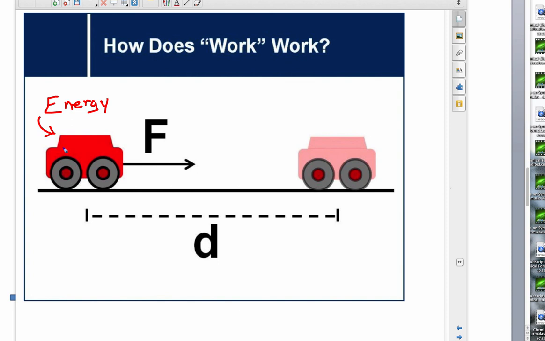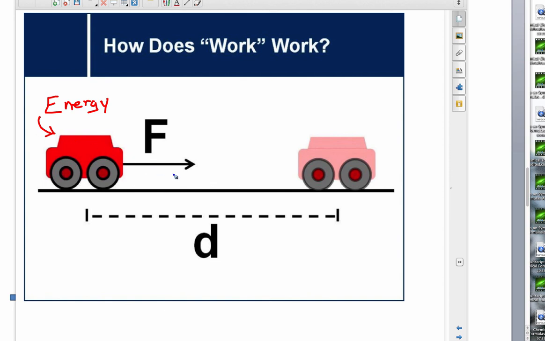I might even be able to hook a magnet to the back of it and hook another magnet up and pull it up against the same poles. And because the magnets wouldn't want to stay connected, if I were to release that energy, it might make the cart move away. But in some manner, if I transfer energy to this cart, then work's going to be done.